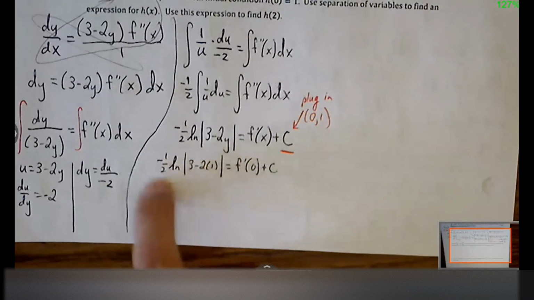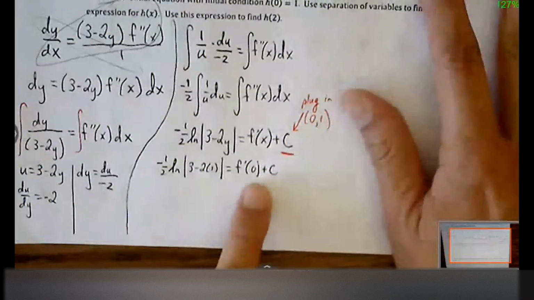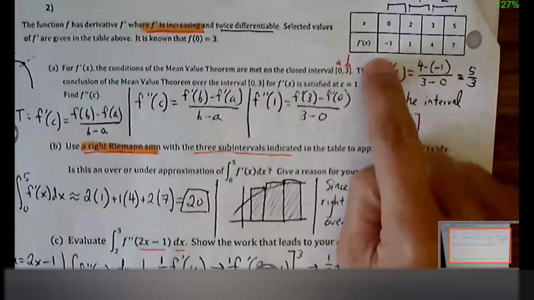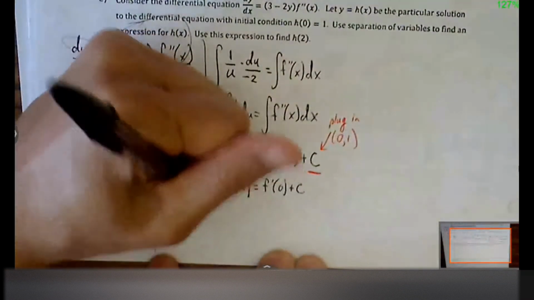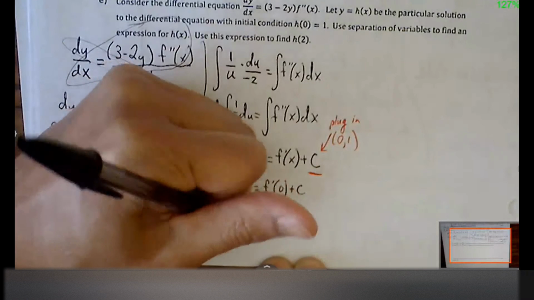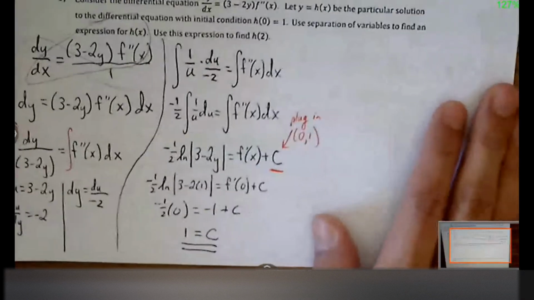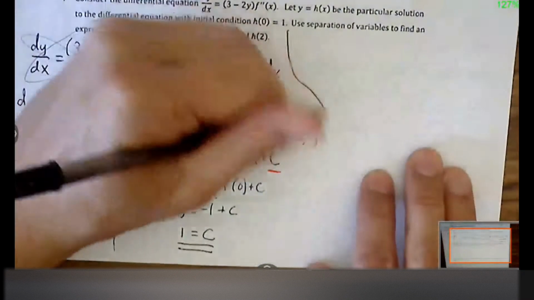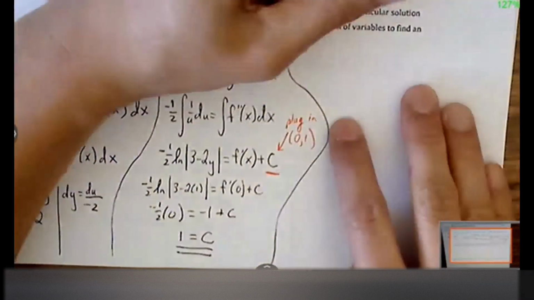Natural log of 1 is 0, so this whole thing is going to be wiped out to be 0. F prime of 0, we have to refer back to our table here. So F prime of 0 is going to be negative 1. Okay, so I have the C resolved. Now I'm just trying to get that Y by itself.